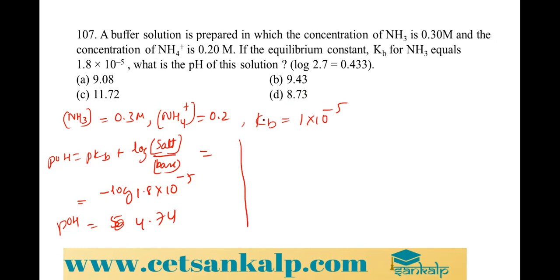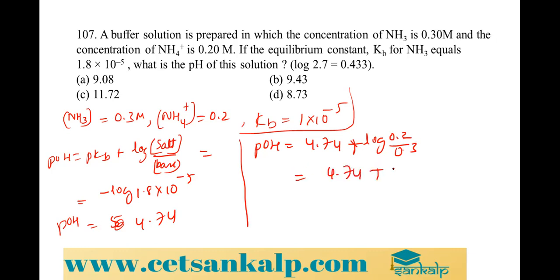pOH is equal to pKb, which is 4.74, plus log 0.2 divided by 0.3. That is equal to 4.74 plus 0.3010 minus 0.4771, which is equal to 4.56.